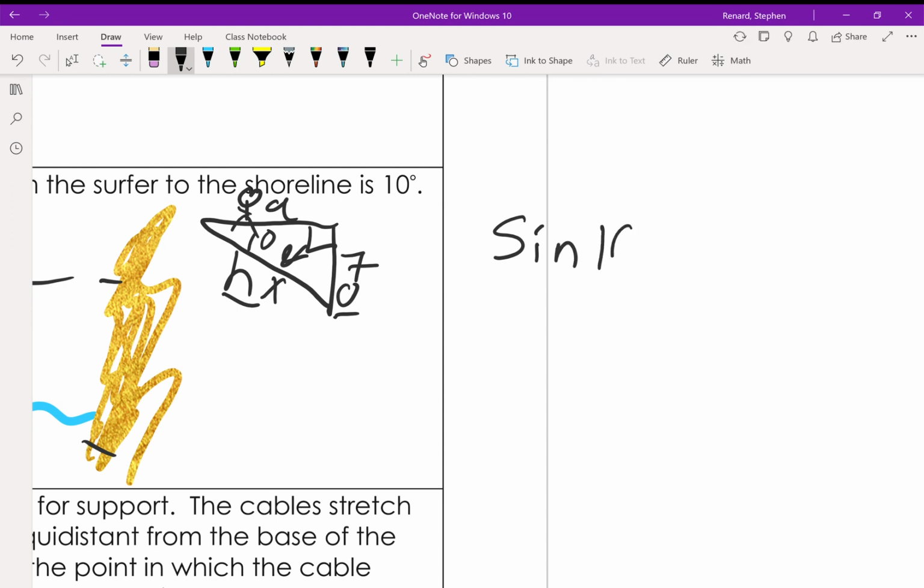So you have a sine of 10 equals 7 over x. As I said before, when that x is down on the bottom, we're going to switch it. So you go x equals 7 divided by sine 10. And we get 40.3 feet.